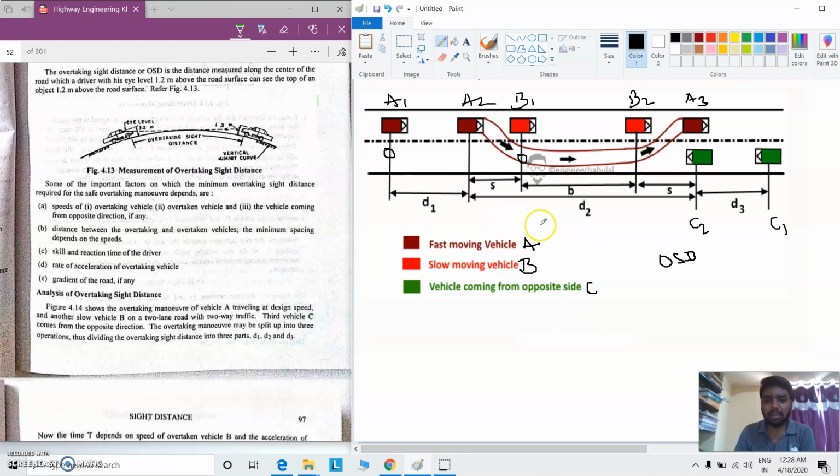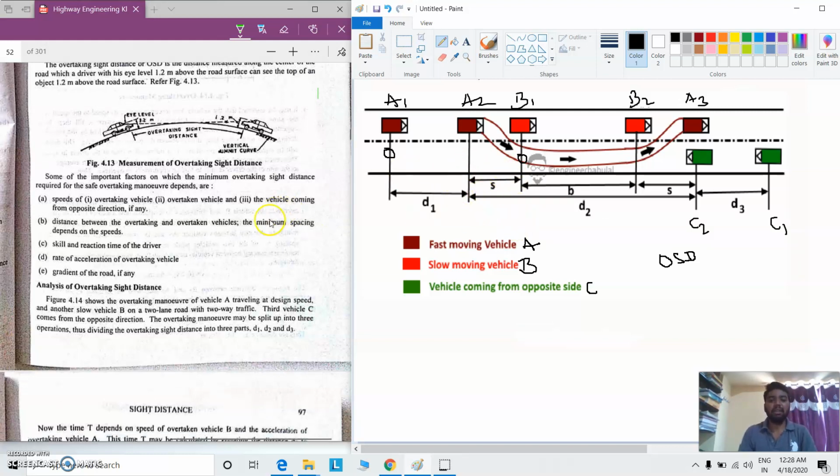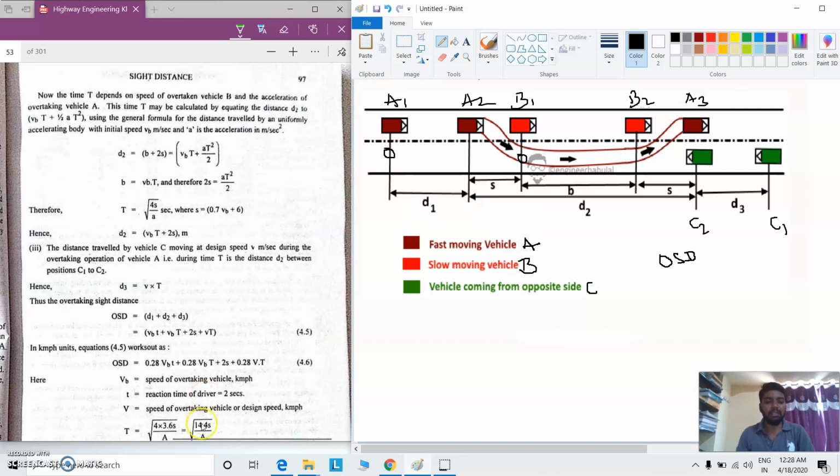This much is needed to study it: what the fast moving and slow moving vehicles are, the overtaking and overtaken vehicles, the vehicle coming from the opposite side, and the distance and factors, which include speed, skill, acceleration and gradient.